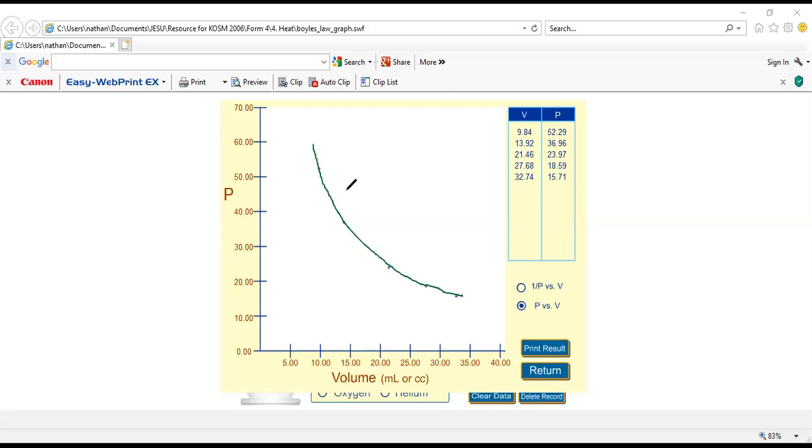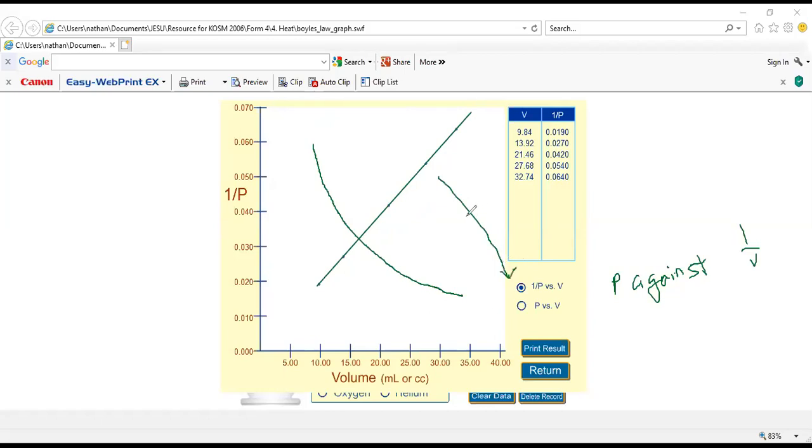Now let's say you plot a graph of 1 over pressure against volume, or pressure against 1 over volume.